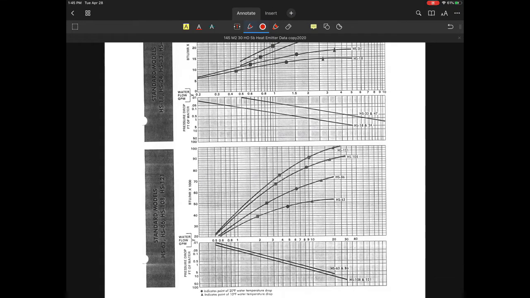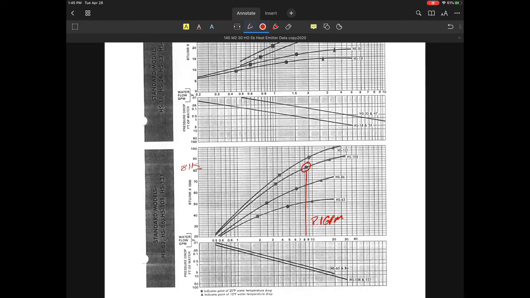So let's say an HS108, we can use that as the example on there. What we're going to do is identify the nominal rating at a 20 degree delta T, which is right up here. And that right there is going to tell us that it's about 81,000 BTUs per hour as the rating. And our GPM is approximately 8.1 GPM based on this particular chart.